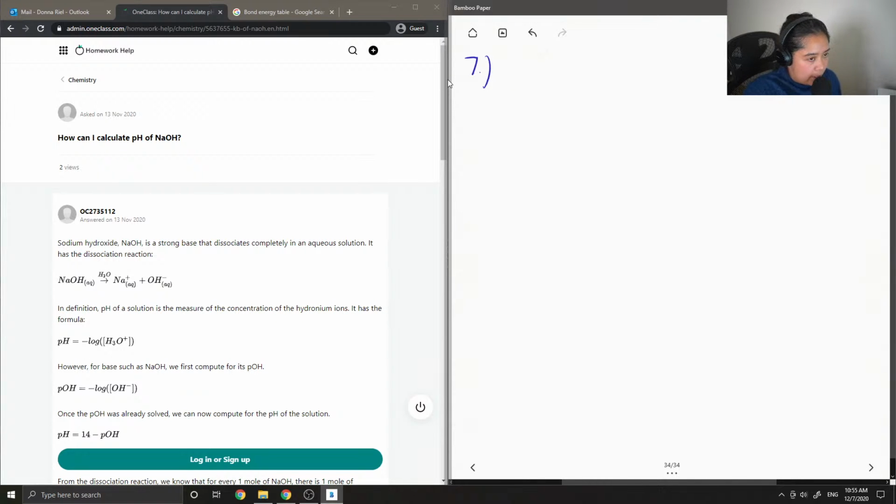Okay, so question 7. How can I calculate the pH of NaOH? So sodium hydroxide is a base.